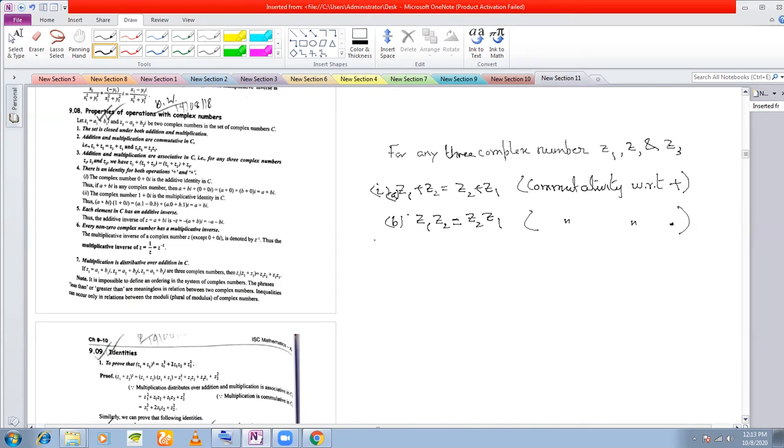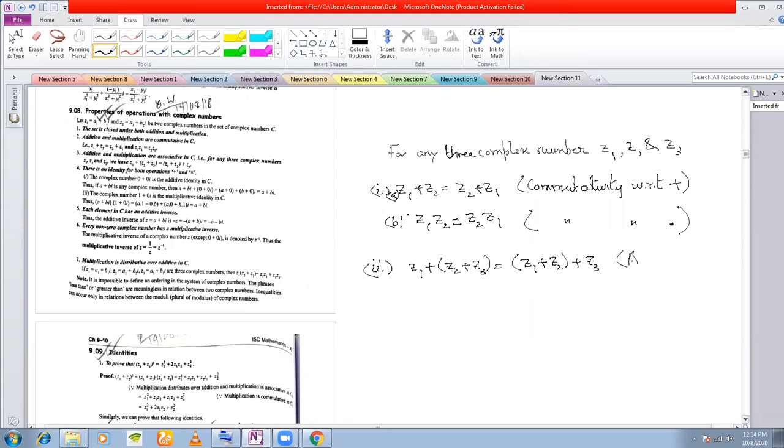And the next one is associativity. Z1 plus Z2 plus Z3 is always equal to Z1 plus Z2 plus Z3 with the grouping changed.